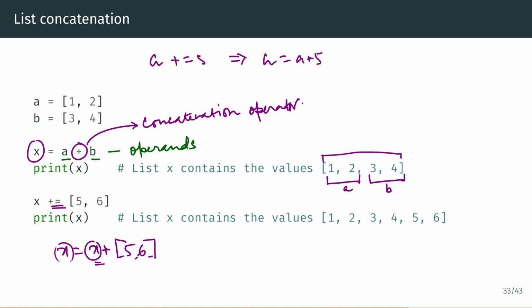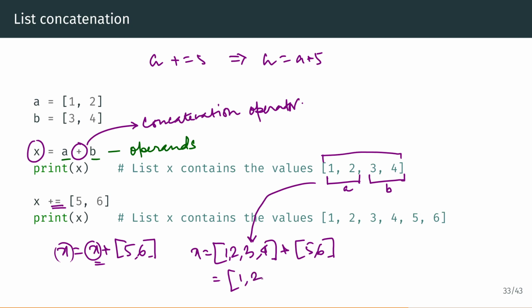So x equals 1 2 3 4 plus 5 6, because this is the old value of x. Now this equals 1 2 3 4 5 6, which is what is displayed when you print x. So that is list concatenation, adding two lists together.